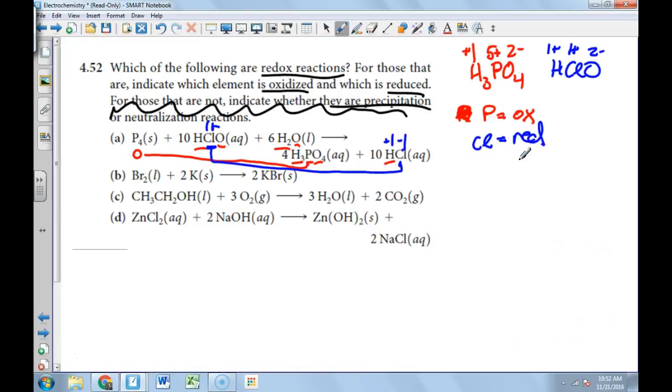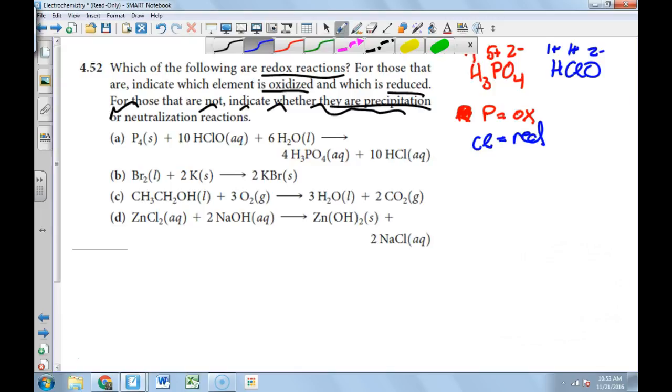Okay. Now, part B. Let's get out the eraser here. Now for part B, again, maybe you pause the video and try to see if you can do this on your own. For part B, we have an element and an element going to a compound.